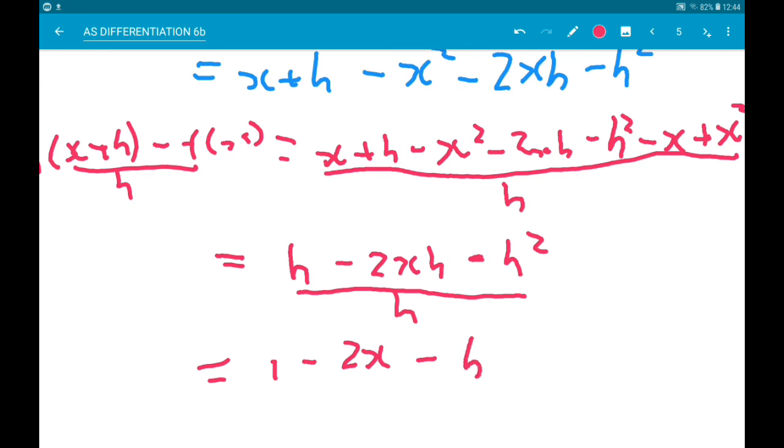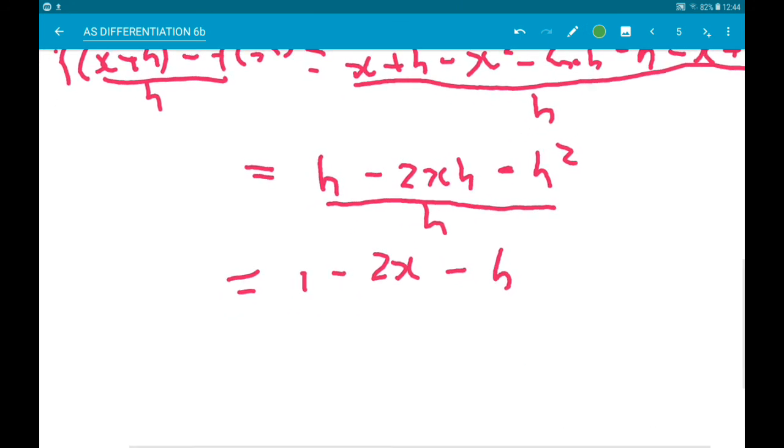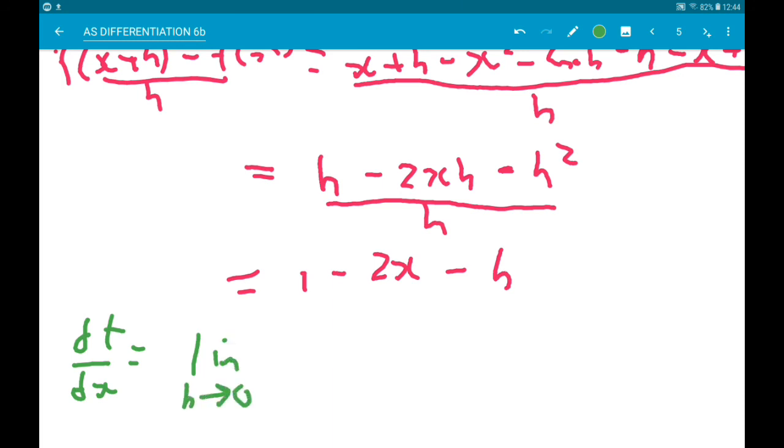So we then know that the derivative, so df by dx, is the limit as h tends to 0 of 1 minus 2x minus h.